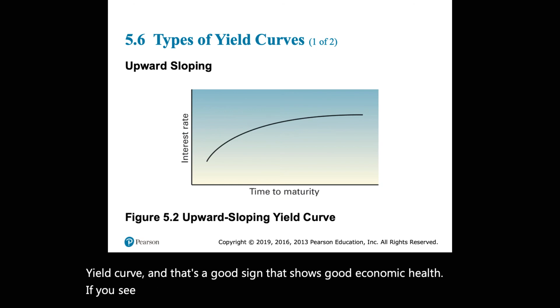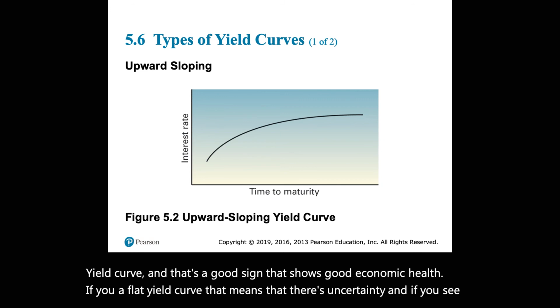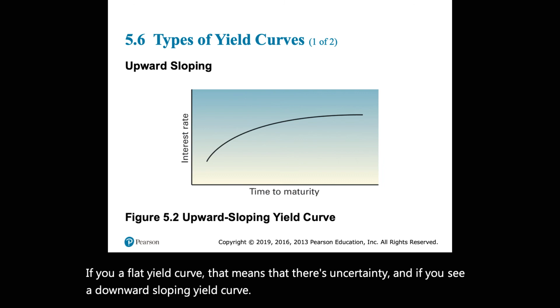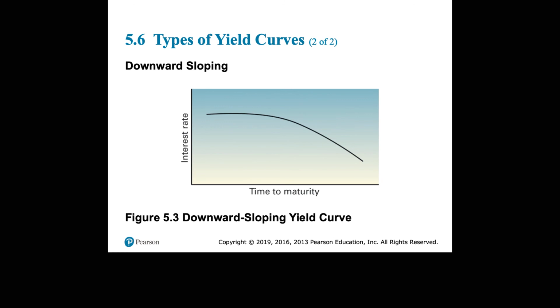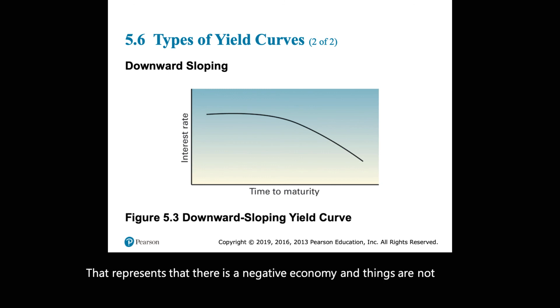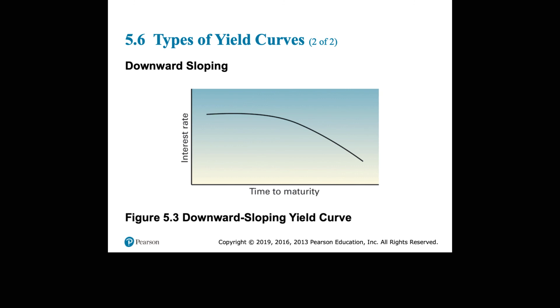And if you see a downward sloping yield curve, that represents that there is a negative economy and things are not going well. For instance, sometimes we try to lower interest rates to stimulate the economy, and that's what's happening right now.